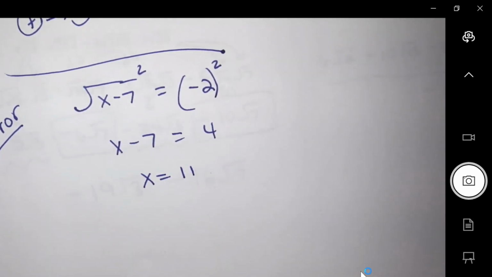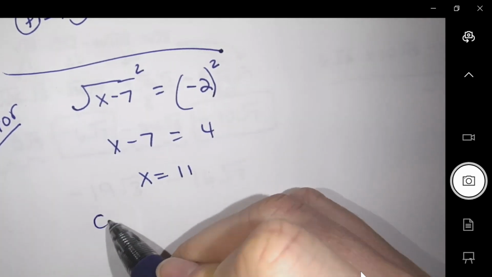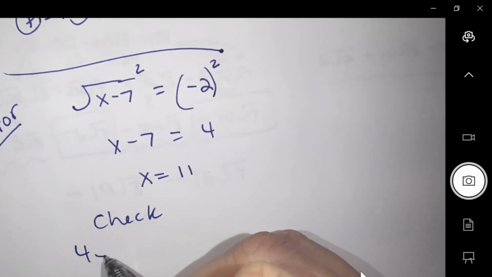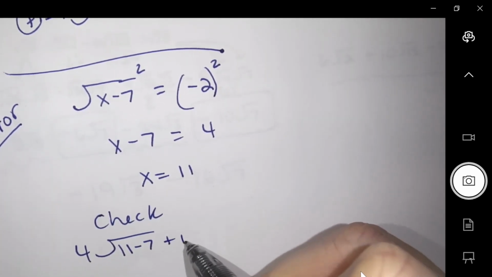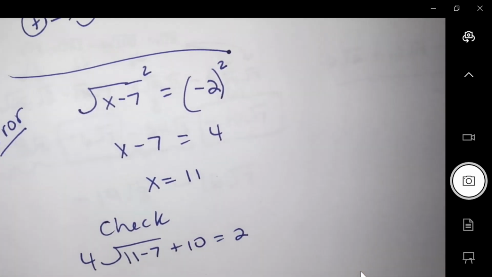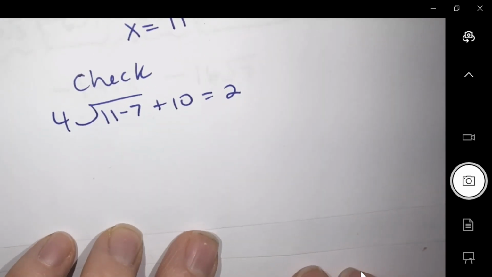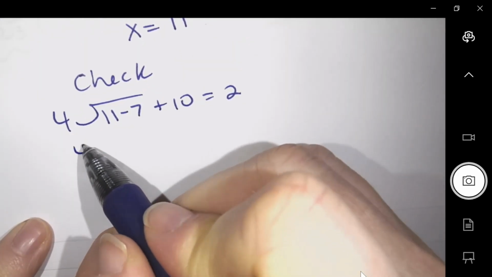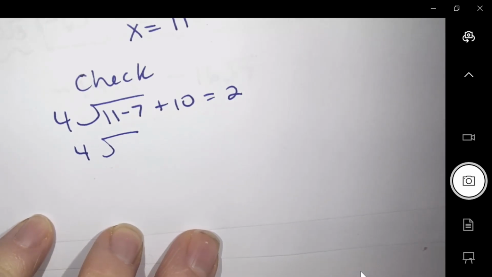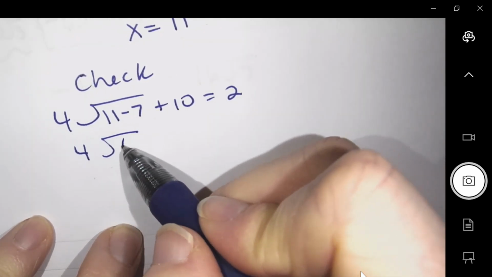Okay, so let's pretend I got it wrong, and I got 11. But what do you have to do? Check. Okay, so if I'm checking, I plugged it in. What is 11 subtract 7? 4.